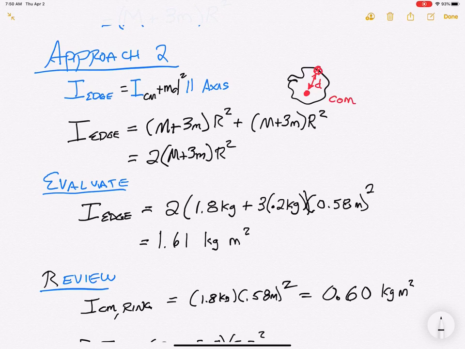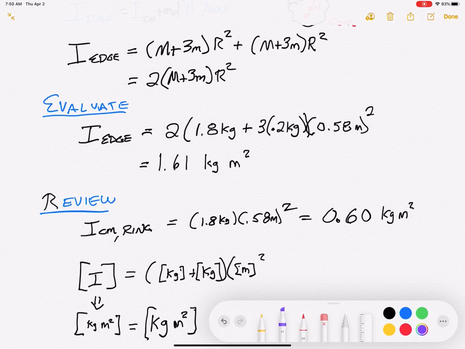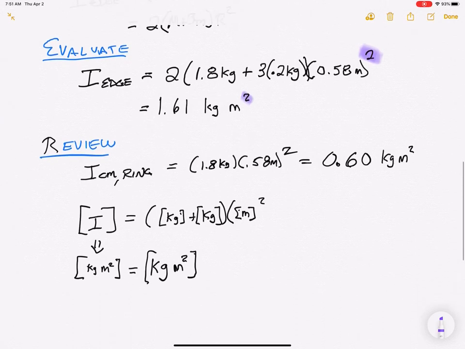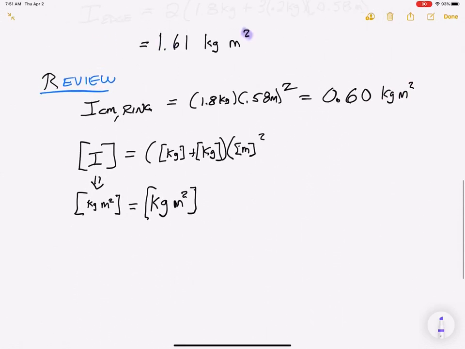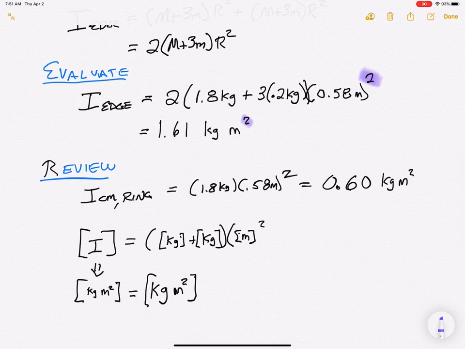So if you're working a problem and let's say that you forgot to carry that too, the next line down would look a little vacant, meaning it would just be kilogram meter. Okay, so we reviewed it. We have a sense that it was significantly larger than the ring itself. So I think we can chalk this problem up as done.